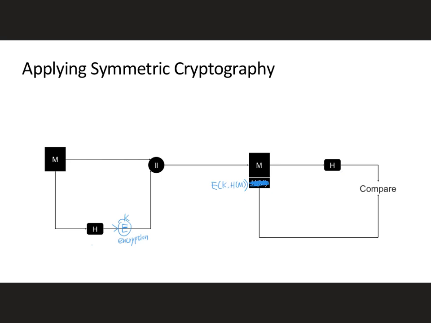This is under the assumption that the sending party and the receiving party both know the secret key K, that is, K is known to A and B. After B receives this whole concatenation, B can separate the message and the encrypted hash value. Then we can apply the decryption function with the secret key K, and B can do the comparison later.